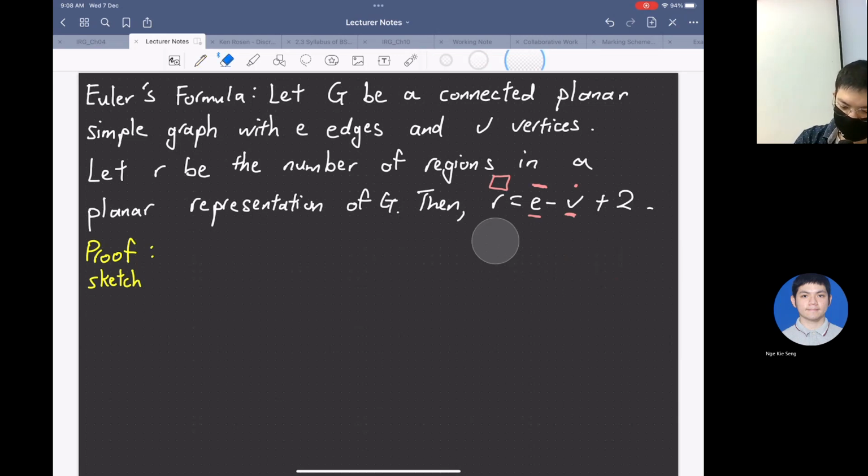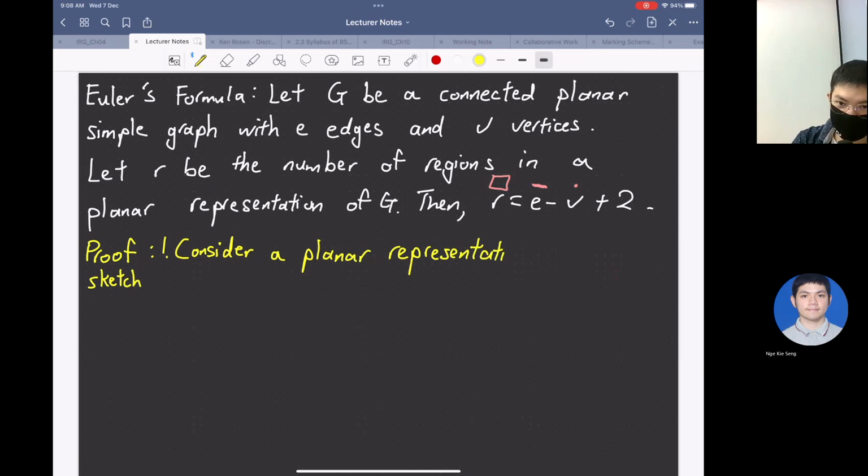So let's see how to get this number 2 here. We're going to prove it using induction, an inductive proof. So first, consider a planar representation of G. Turn your graph into a planar representation with no edge crossing.